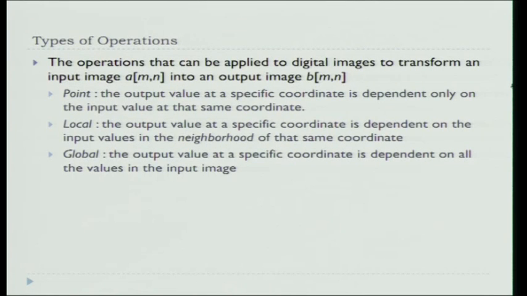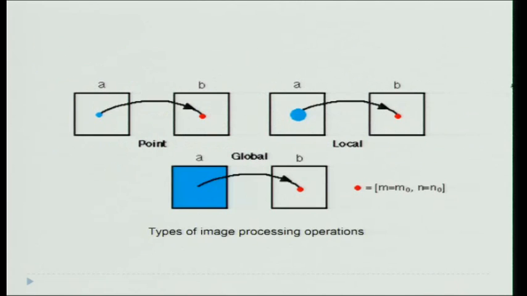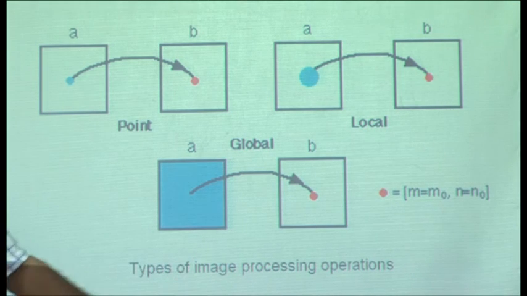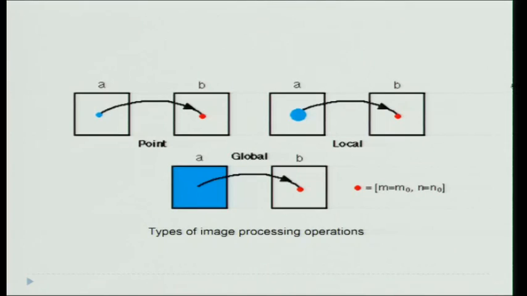These are the three types of operations we will be performing. Generally, this is only to draw some conclusion, to tell about the image behavior, image quality, or what the contrast of the image is. For that type of thing we perform this type of operations.